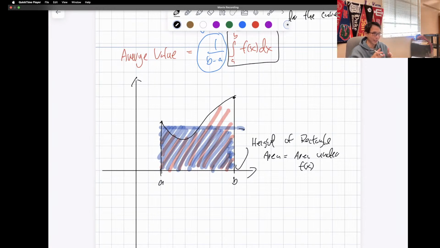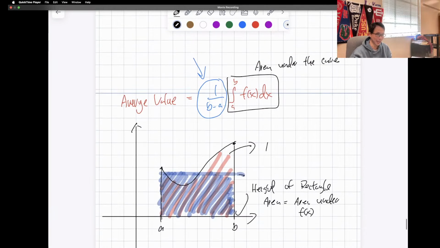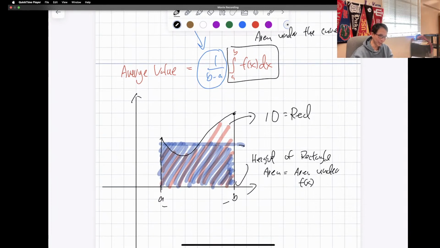So the red area is equal to the blue area. Think about it. Let's say the area under the curve is 12 units, equal to the area of the red part.